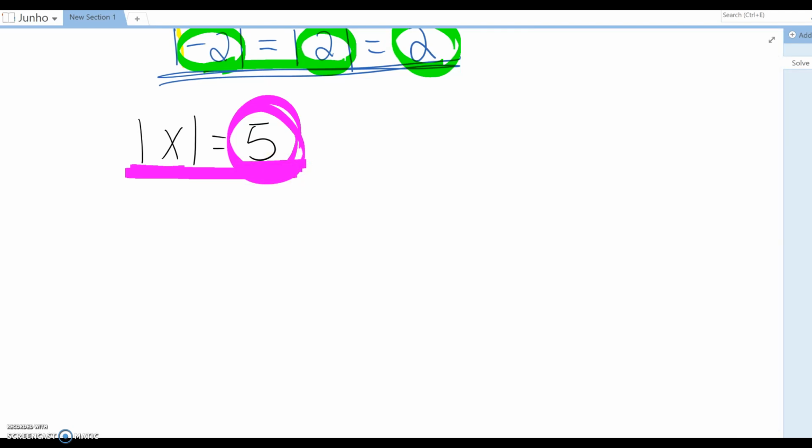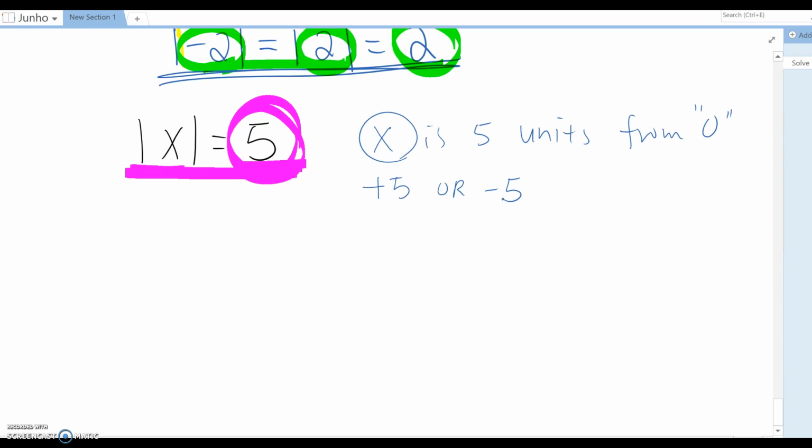So in other words, this x is 5 units from 0. What are those values? So we know x can be either plus 5 or minus 5. As you see, plus 5 and minus 5 are both 5 units from the 0. So in this case, x equals 5 or negative 5.